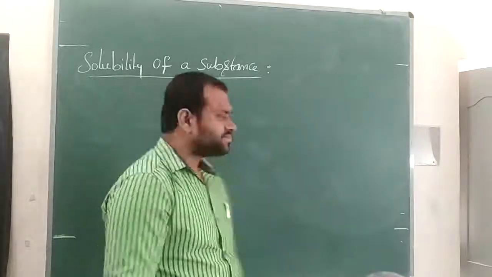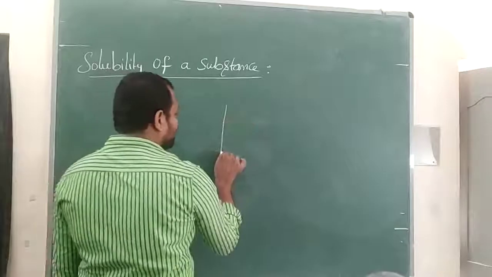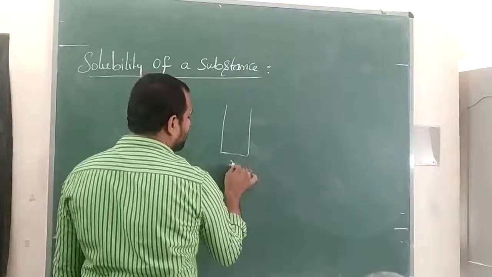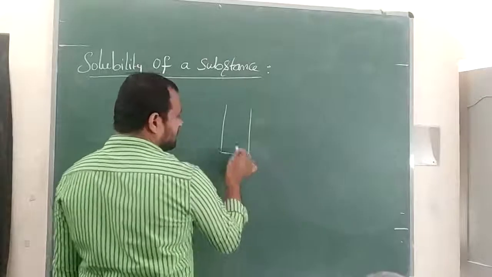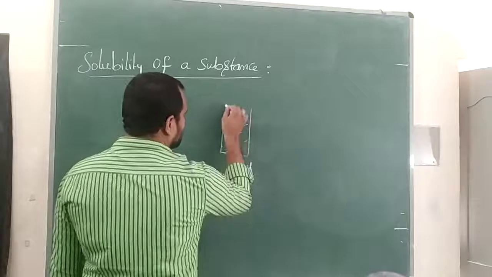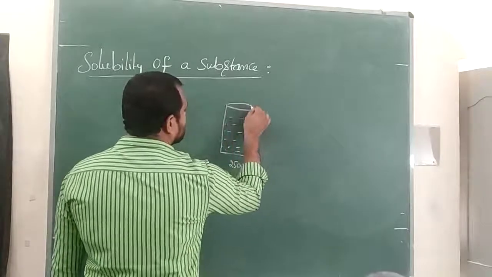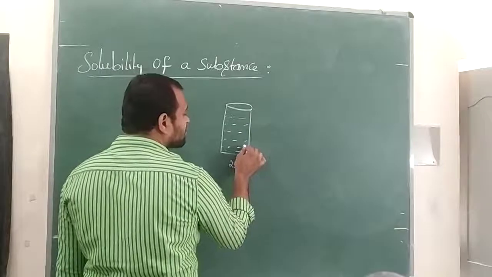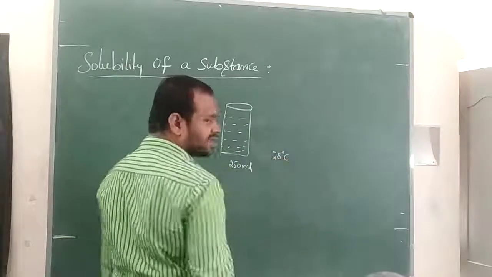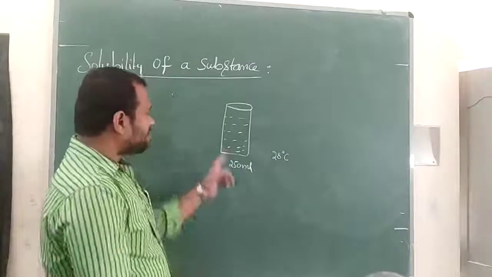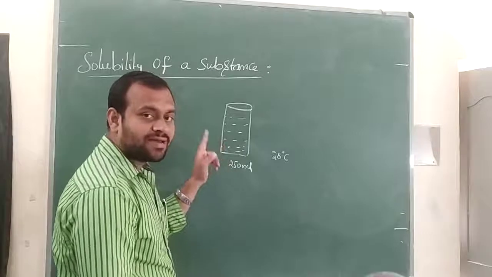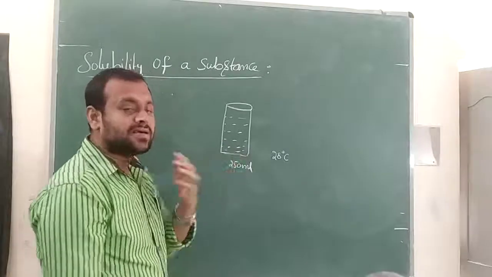For example, if you take 250 ml of water in a glass, and if you want to find out its solubility at constant temperature, maybe at room temperature 28 degrees centigrade, then the maximum amount of substance dissolved in it is said to be its solubility.